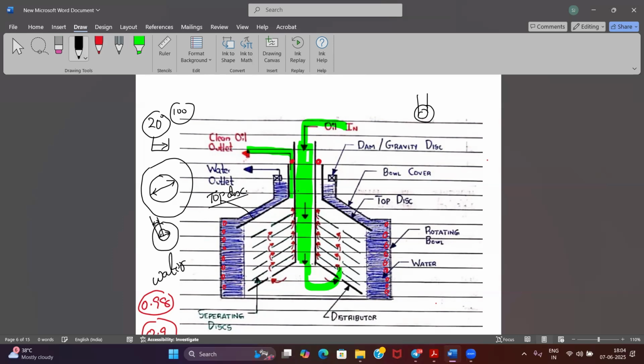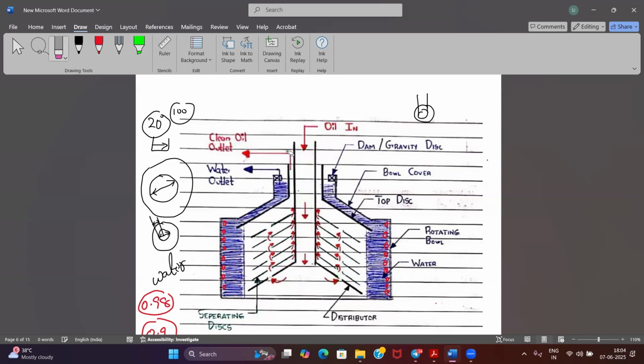So I can say it is in between my top disk and the edge of my disk stack. This is the point where we have to maintain the interface. Is it understood till now?